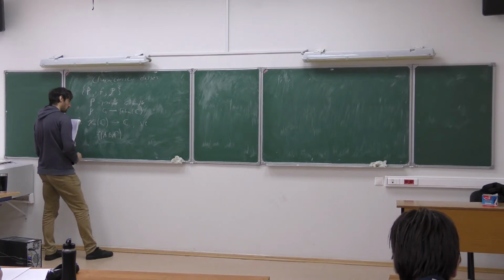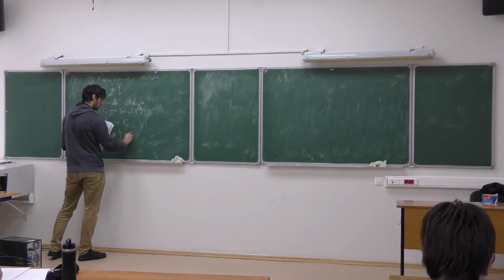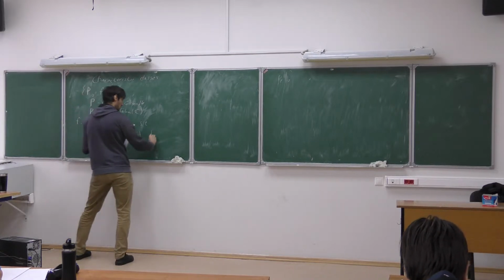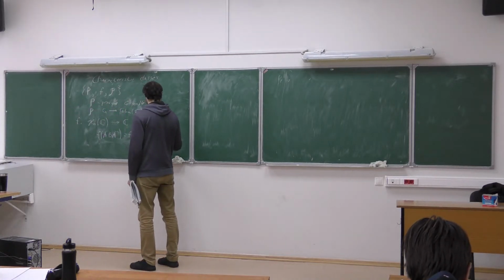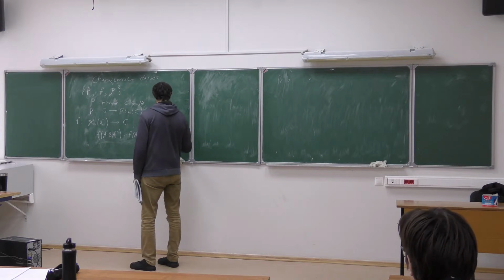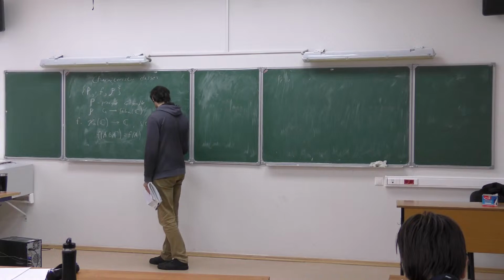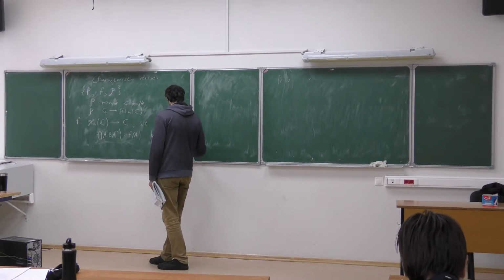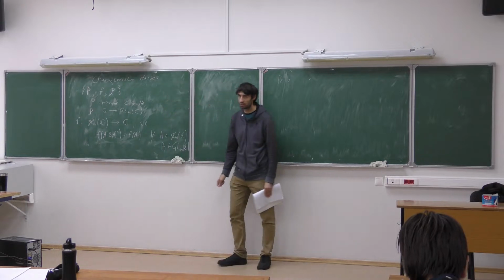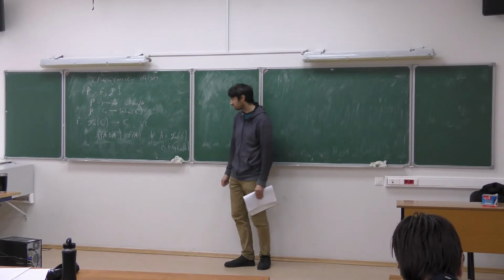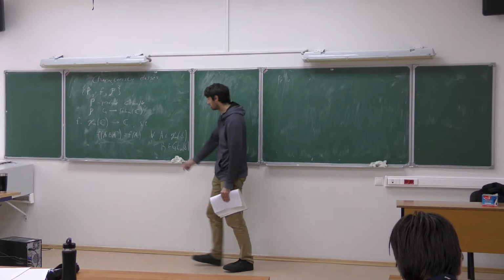So f of ABA inverse is the same as f of A for any A from GL_n C, and B should be invertible. So GL_n C.